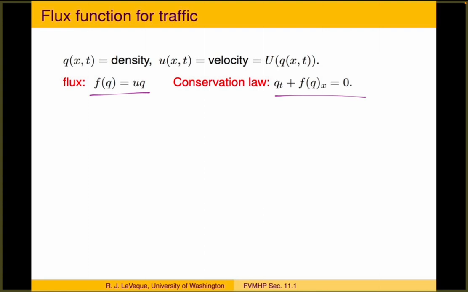But now, rather than u being a constant velocity, as we had in the advection equation, instead the velocity is some function of the density. So some function capital U of the density q.